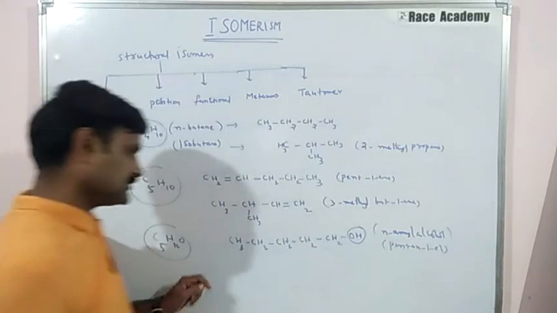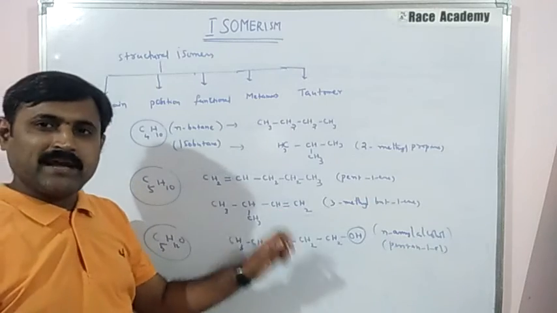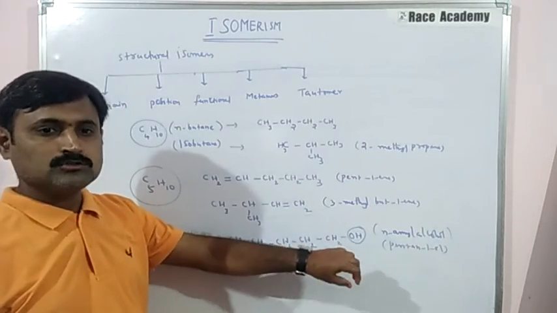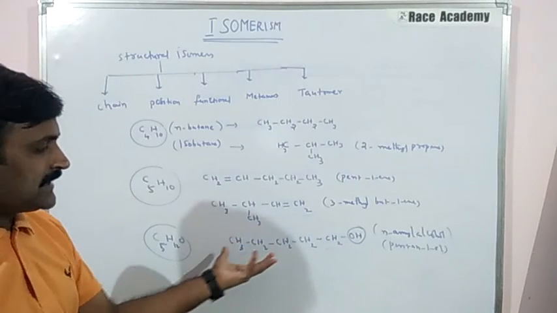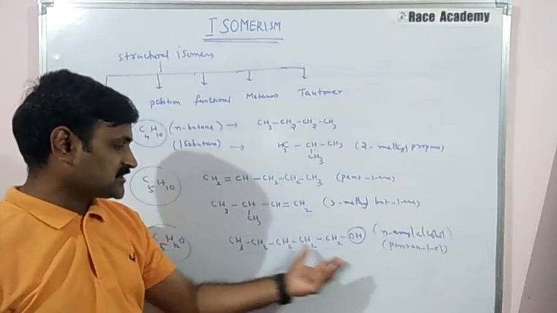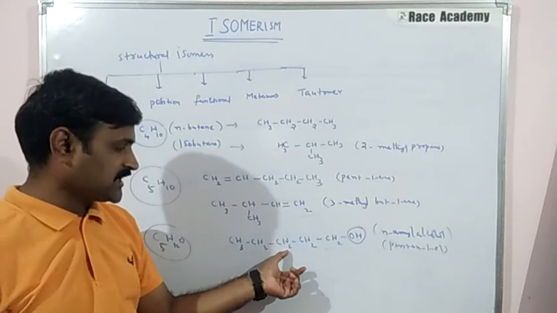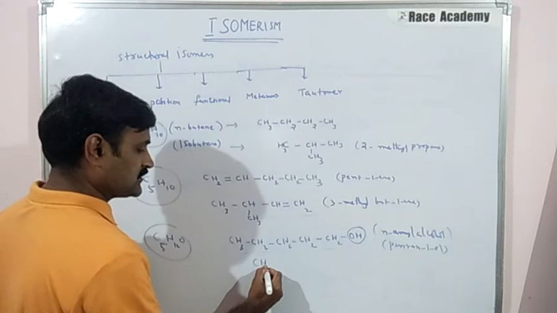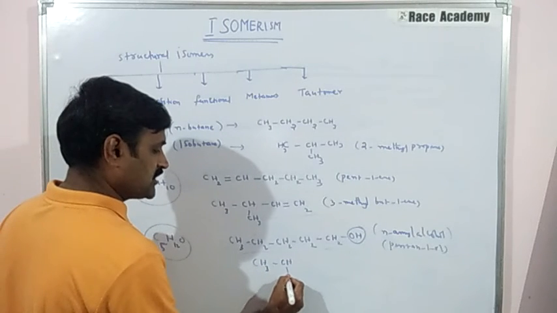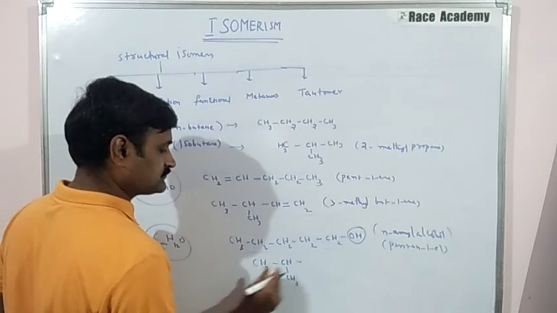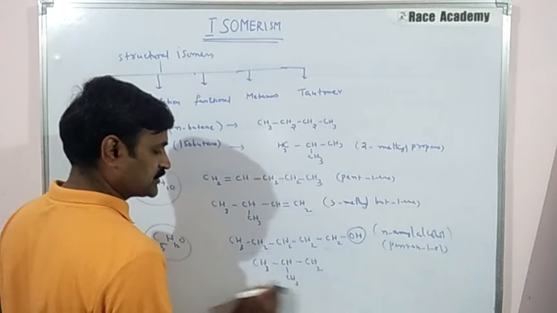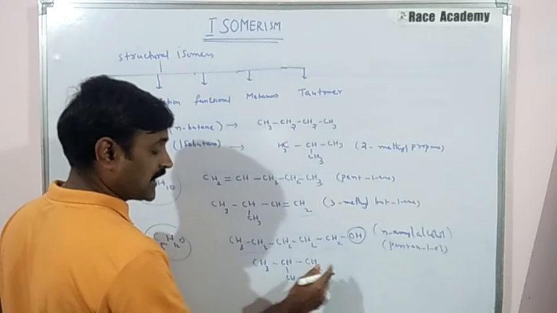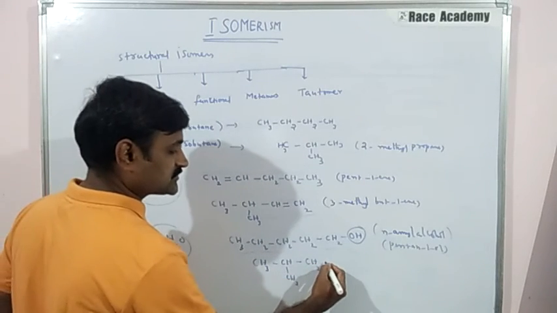Like the above example, we can make the 4-carbon chain and write the entire functional group as it is, breaking this CH3 and putting it here. I will show how. CH3, CH, here I write CH3, this is CH2. We have finished 9 hydrogens and 4 carbons.